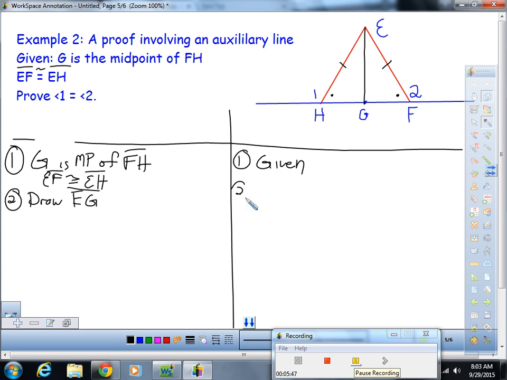My reason is 2 points determine a line. So I've now covered that postulate that we learned today. 2 points determine a line. So now I can say that EG is congruent to itself, and that's the reflexive property.